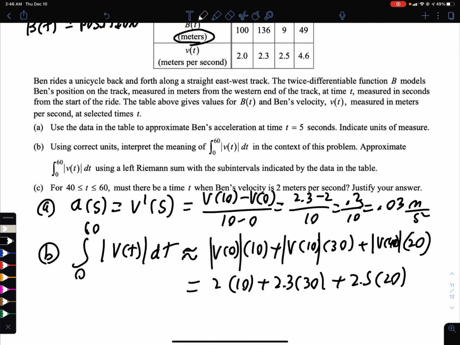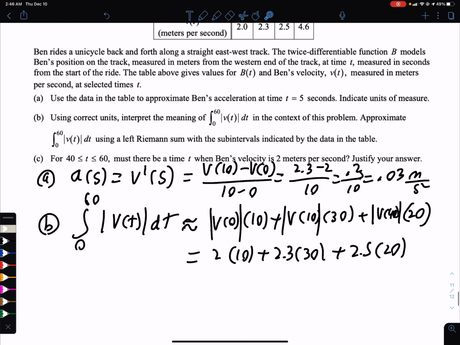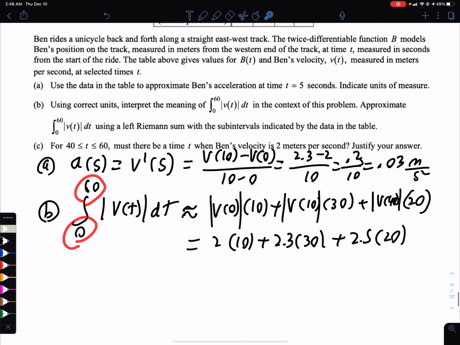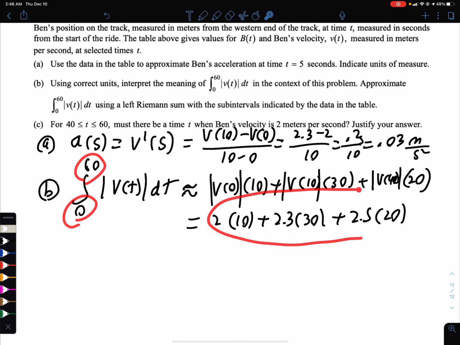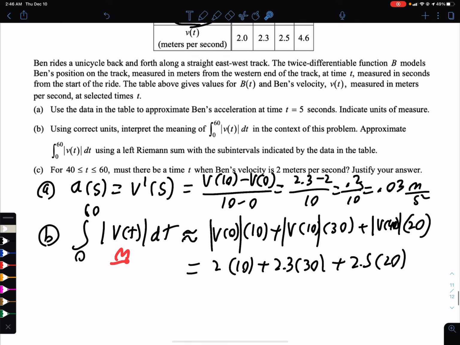That's my answer for B. Now, using correct units, interpret the meaning. So you would say the total distance traveled by Ben on his bicycle from 0 to 60 seconds is this many, and the unit's going to be meters, because velocity is meters per second.